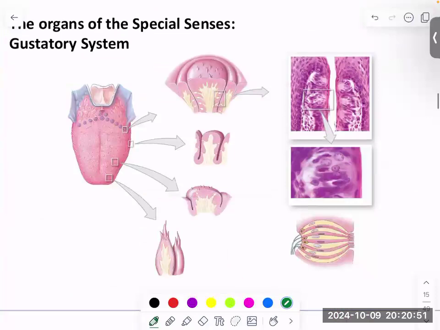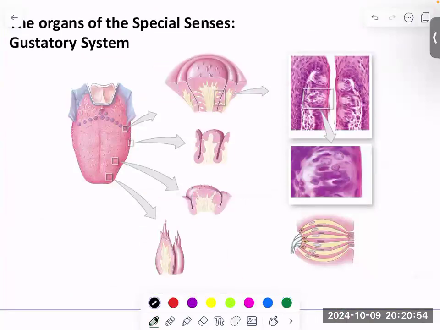So the tongue uses a series of taste buds. These are all taste buds, and they are all projections in the tongue. They come in different shapes, different sizes, and they're all chemoreceptors. They detect chemicals.